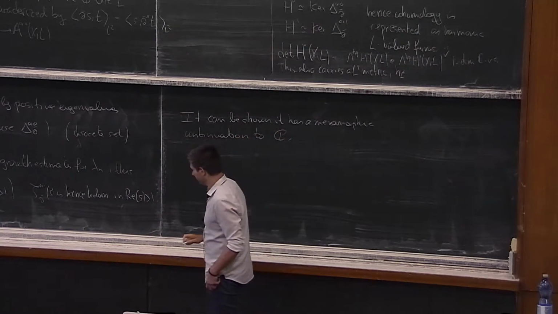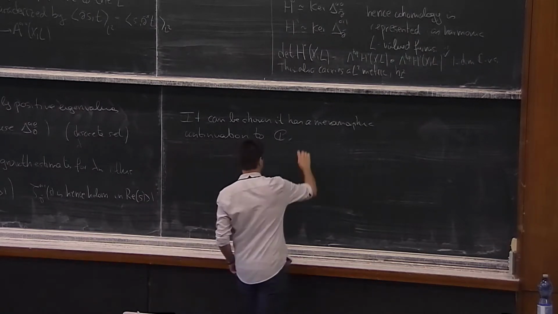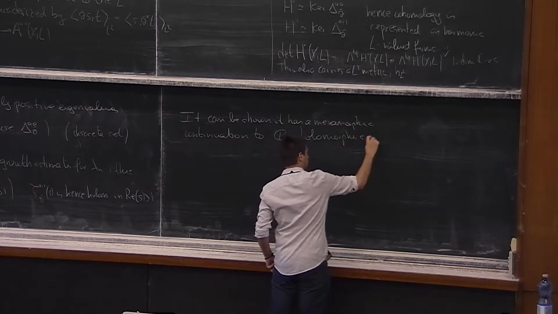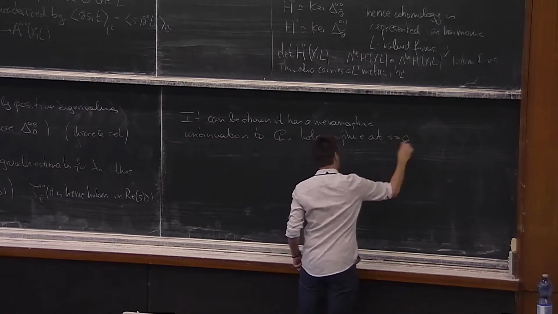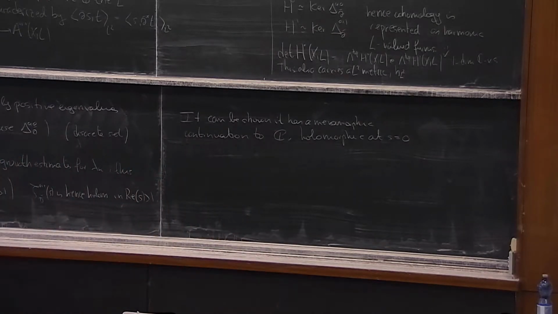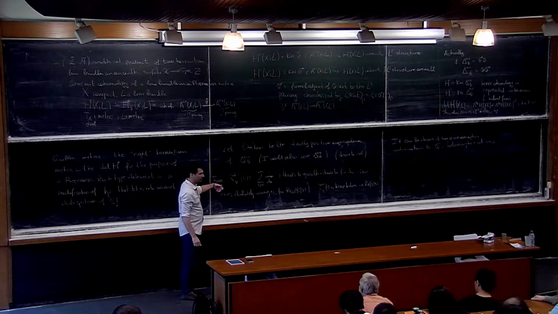And the important thing for us is that at s equal to 0, it's holomorphic. And the way one proves these kinds of things is parallel to the proof of the meromorphic continuation and functional equation for the Riemann zeta function.